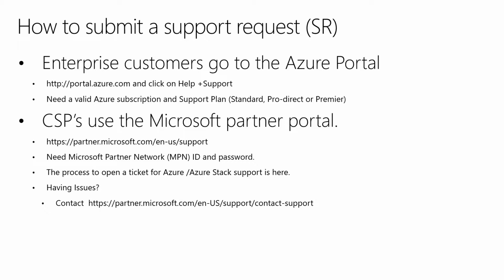But they can, of course, also use the known channels through their Premier support or Solution mission critical support. For CSPs and their customers, it's slightly different. The CSP has to go to partner.microsoft.com/support and log on with their Microsoft Partner Network ID and password, and there they can open a support ticket.